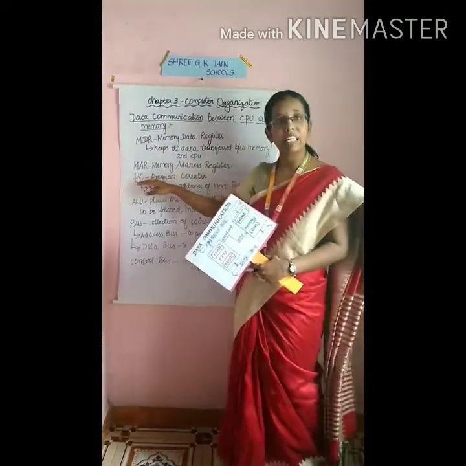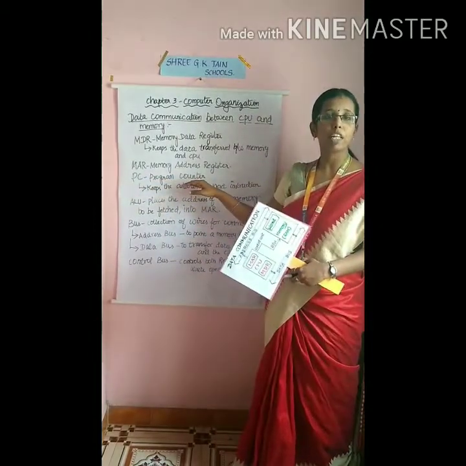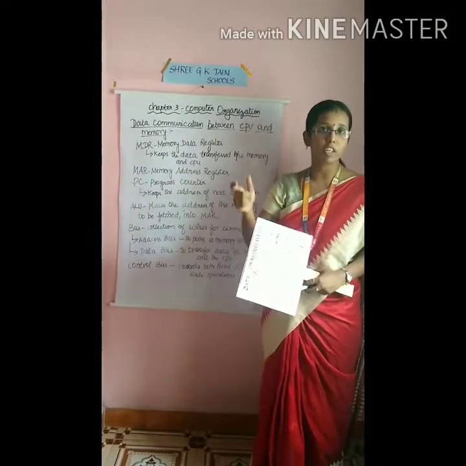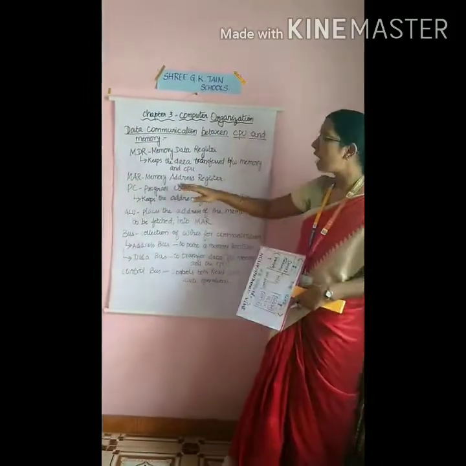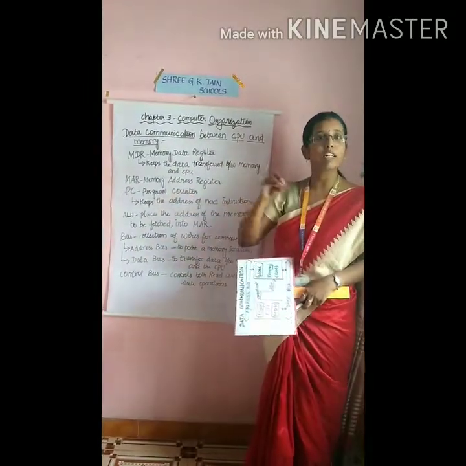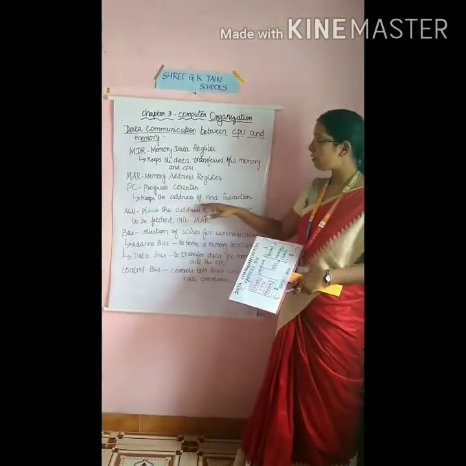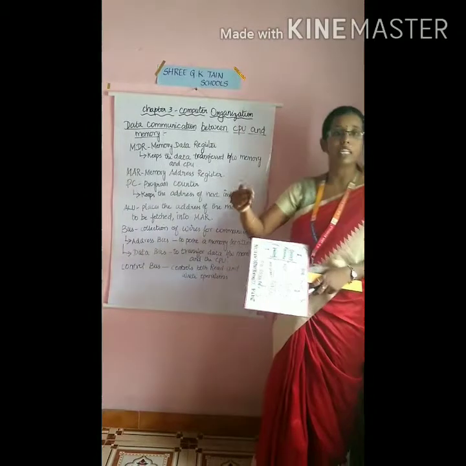Coming to the PC, PC is your program counter. Program counter is a special register in your CPU, and this register keeps the address of the next instruction to be executed.